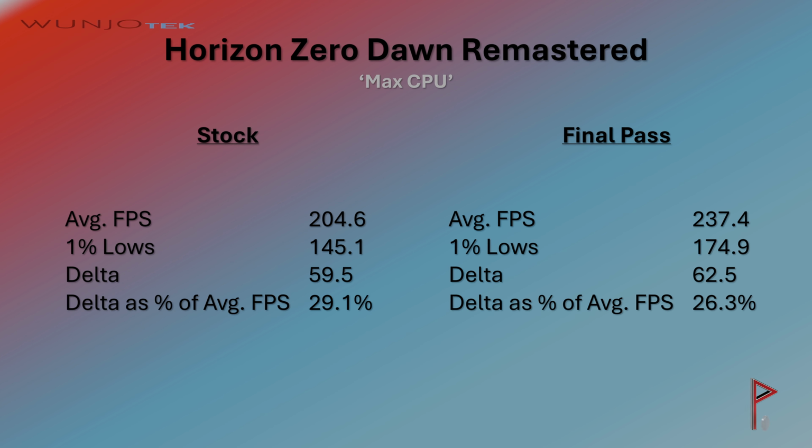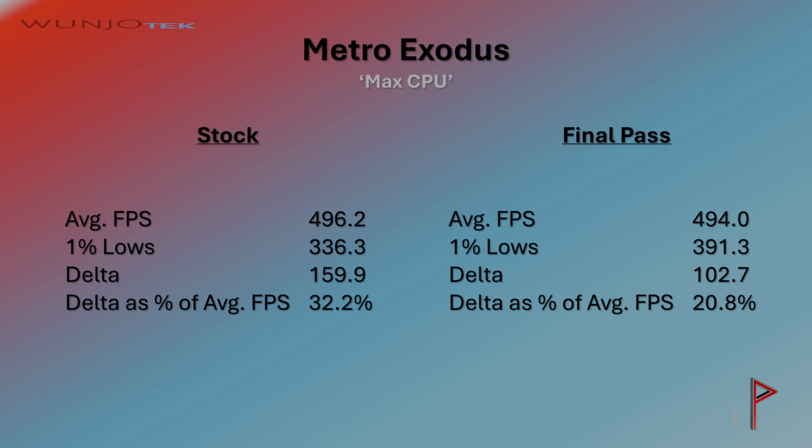Horizon Zero Dawn is another game very optimized for this architecture because it was a PS4 port, so it's had almost a decade to acclimate itself to that AMD ecosystem, and it really shows in playing this. The stock result again is quite good here. We were able to shave 10% off of it.